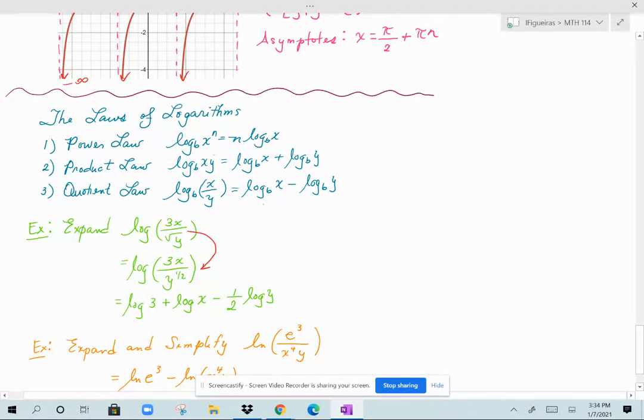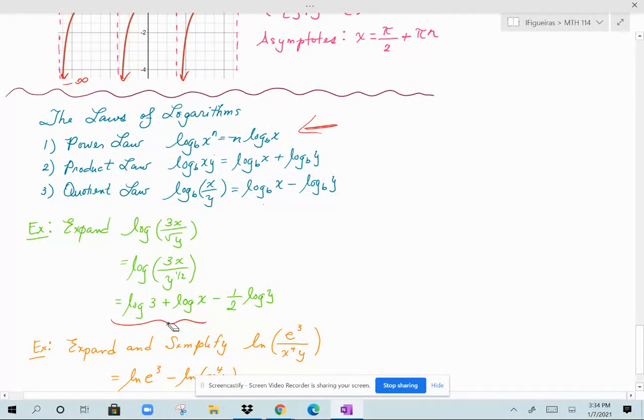You're going to want to do that when you're going to use these log laws. So I have a product in the numerator, 3 times x, so that gets written as the log of 3 plus the log of x. And then I have a quotient, the denominator has y to the 1/2, so it's minus, but I also need to use my power law, which says that I can put the exponent in front of the logarithm there. So that's 1/2 log of y.